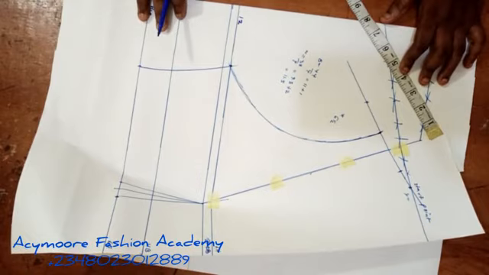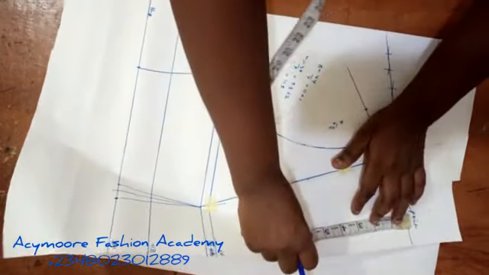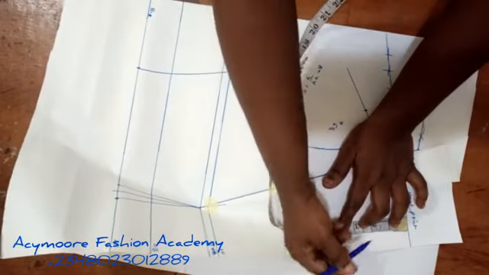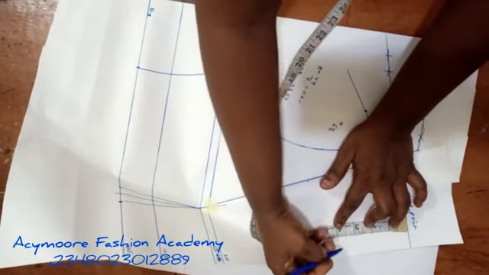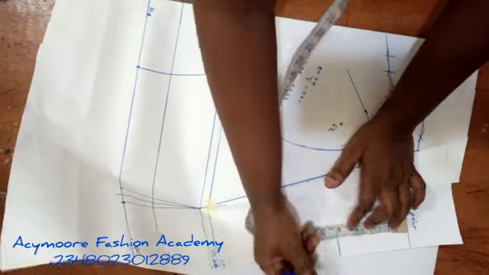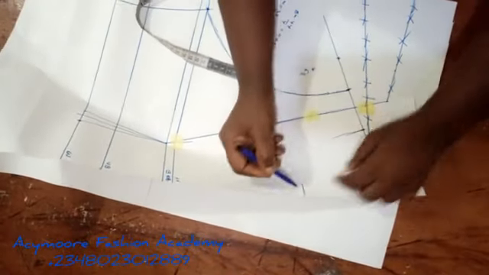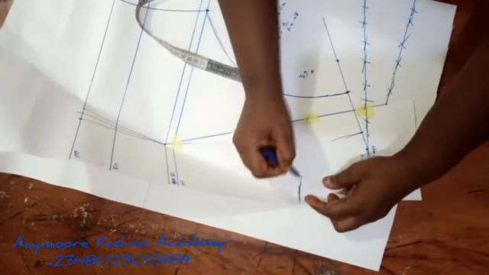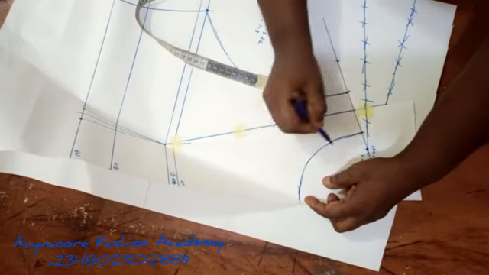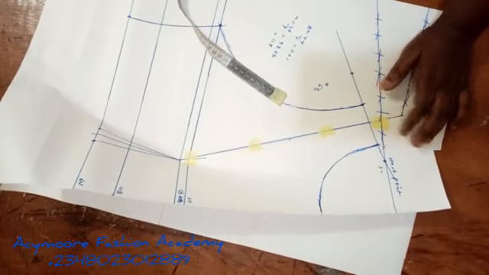Now for me to determine my depth, I can decide to go maybe 4 1/2 or 4, and then I come this way. I can decide to come this way for the neck, and that's it.